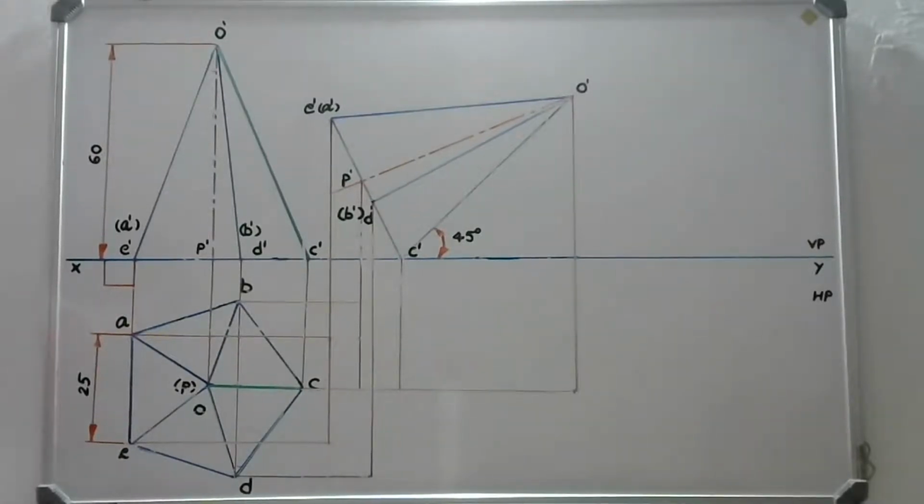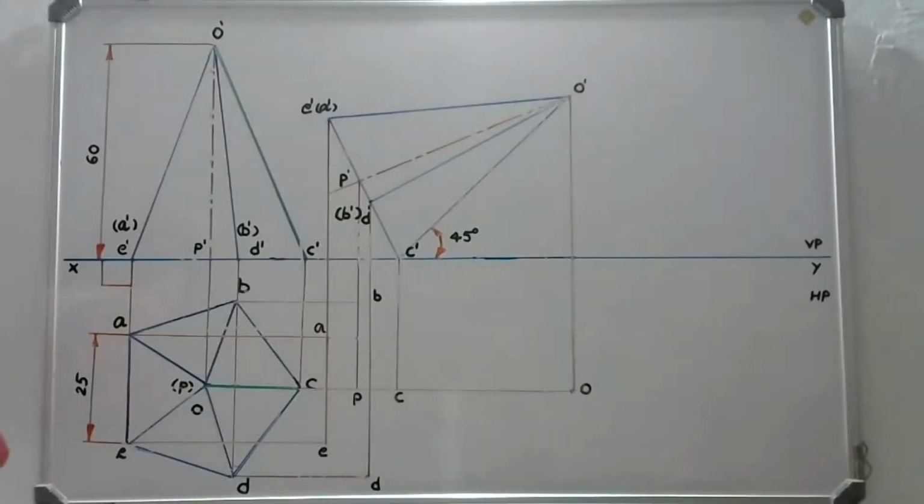Let us mark the corresponding meeting points of the second front view and the first top view to obtain the second top view. The corresponding meeting points are marked. Now let's join the visible edges. In the top view, EAO is visible.